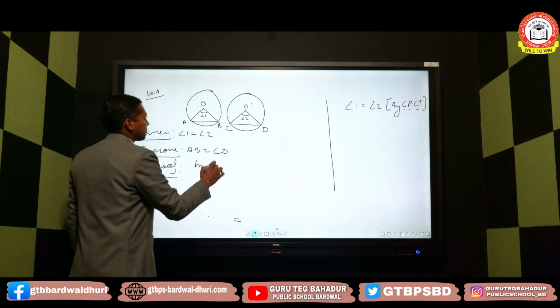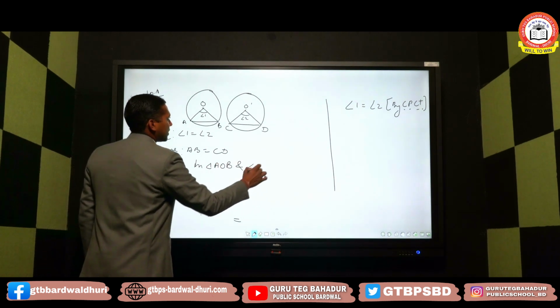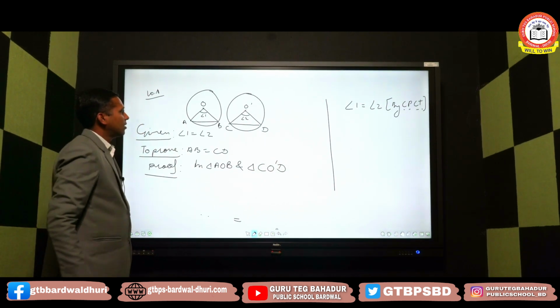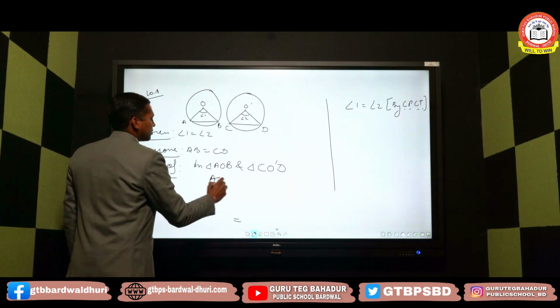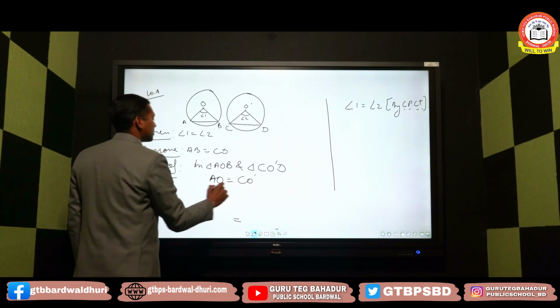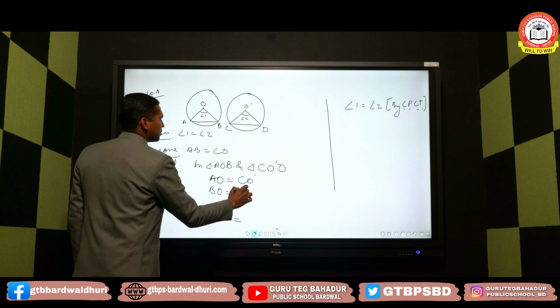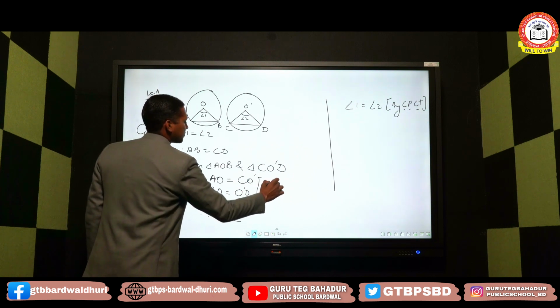In triangle AOB and triangle CO'D, AO is equal to CO', BO is equal to DO', equal radii.